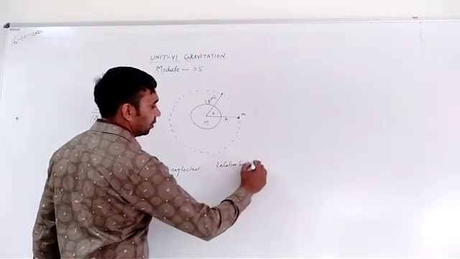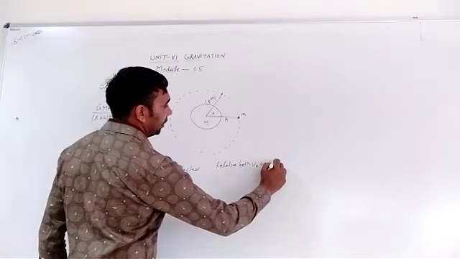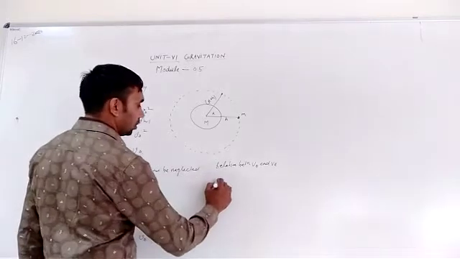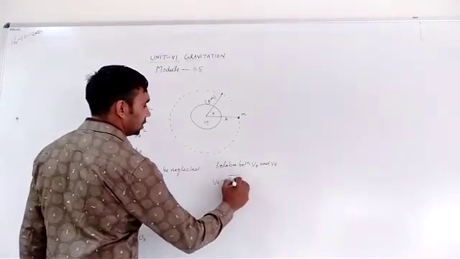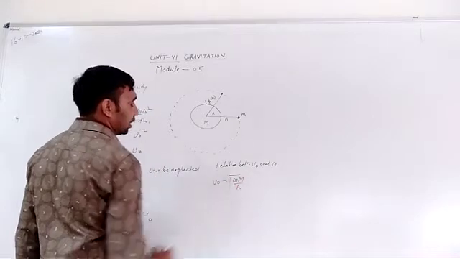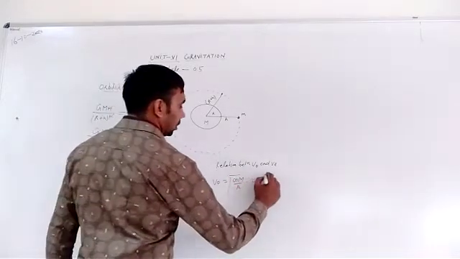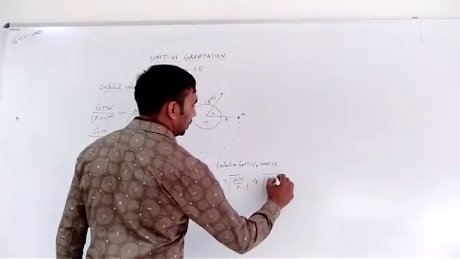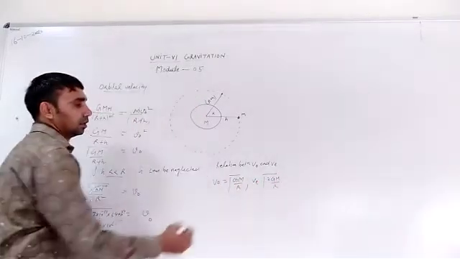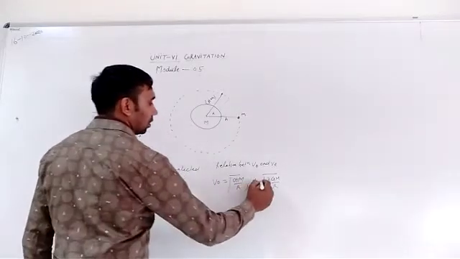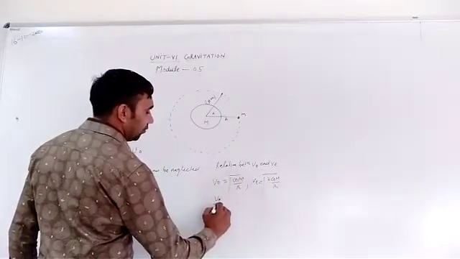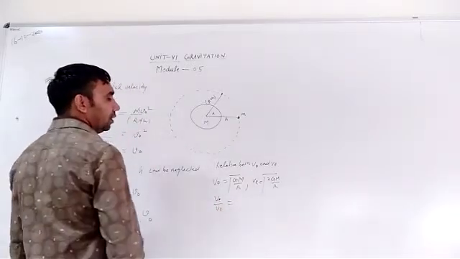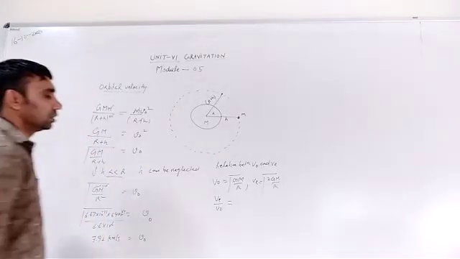As we know, V naught is equal to under the root GM divided by R. Escape velocity VE is equal to under the root 2GM divided by R. Now VE divided by V naught is root 2.